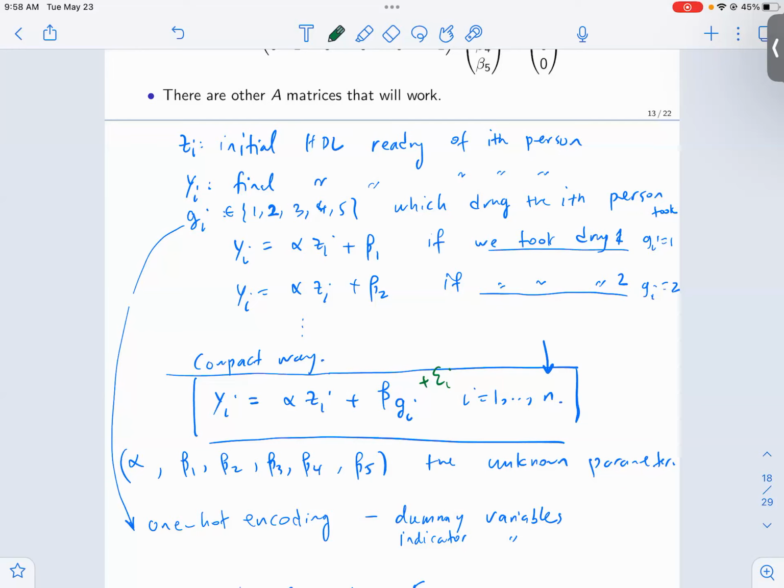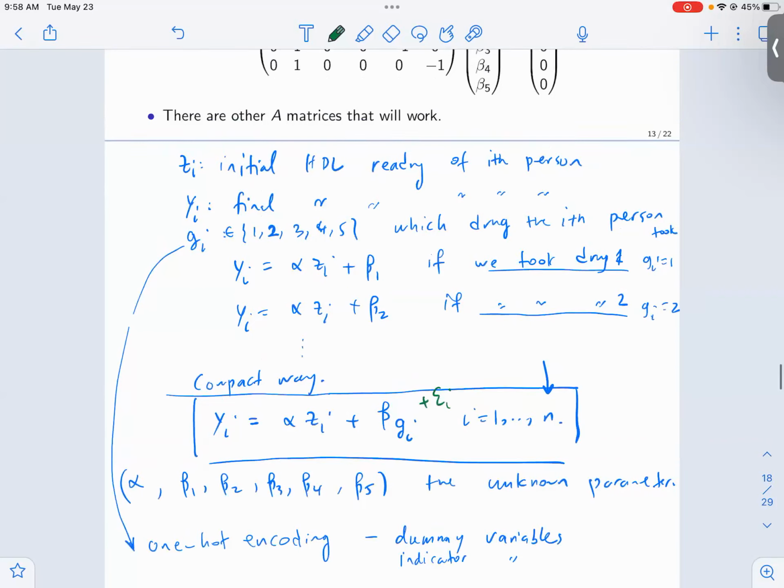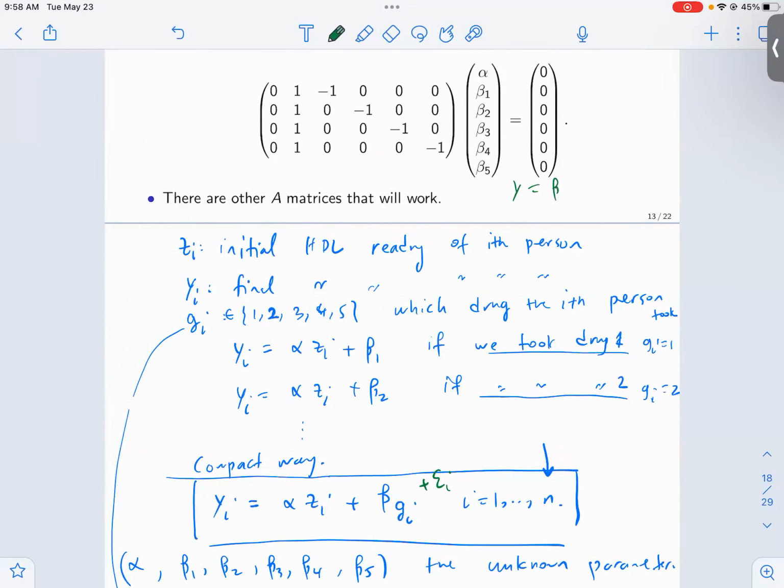The intercepts are actually these guys. You can see z_i would be just the variable, the genuine HDL level. So it's like writing y is beta 0 plus beta 1 z. The intercept is this guy. In our case, the intercepts are these.